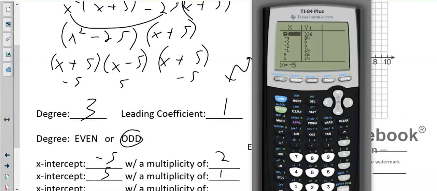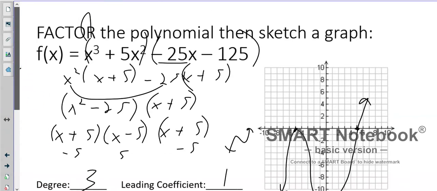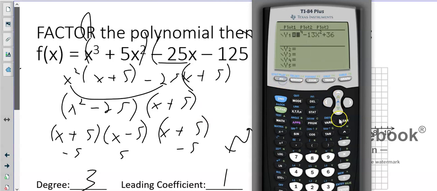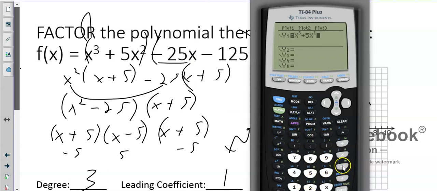Okay, let's go to our calculator and see specifically though. So we clear it out. We put x to the third power, come down, plus 5x squared minus 25x minus 125.